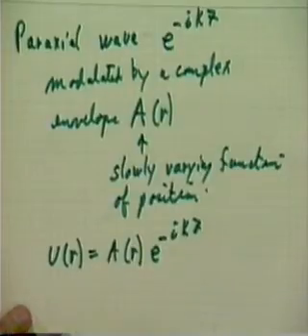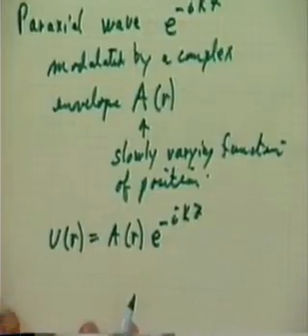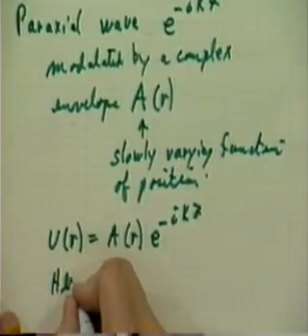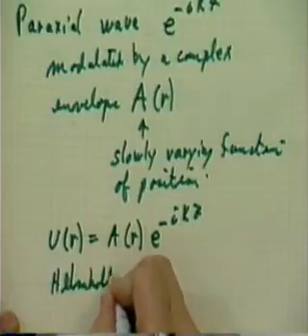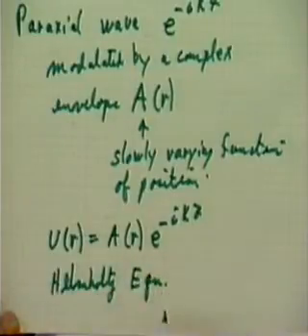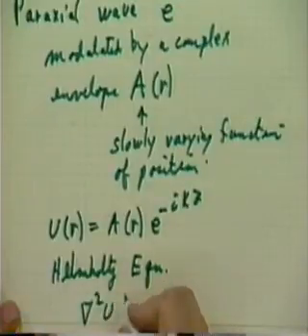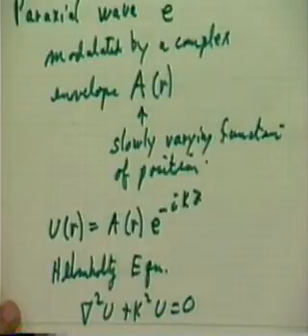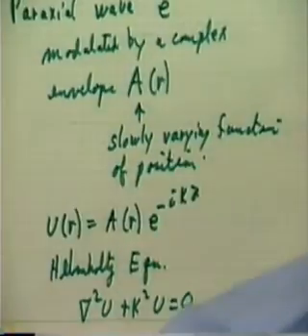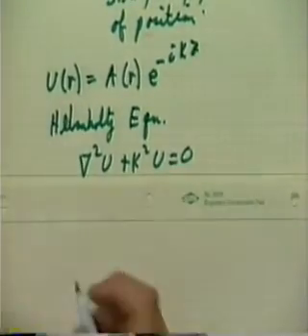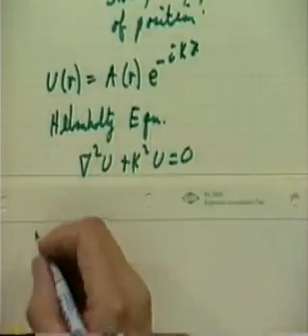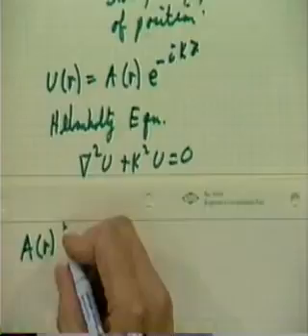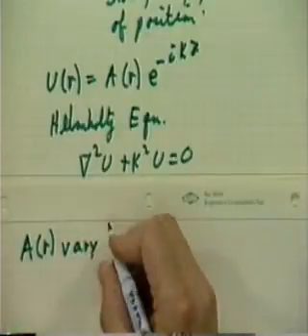What we're going to do is plug this into the Helmholtz equation: del squared U plus k squared U equals 0. A of r, as we said, will vary slowly with respect to z.